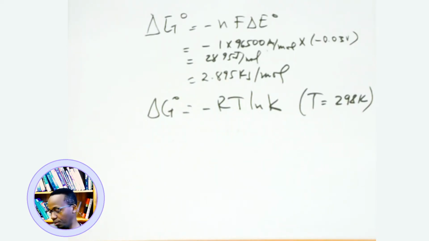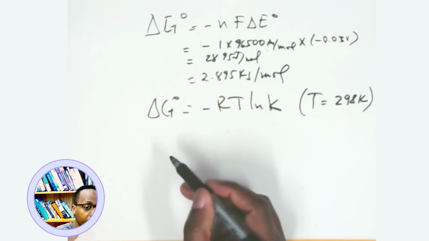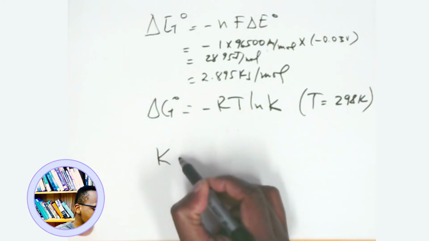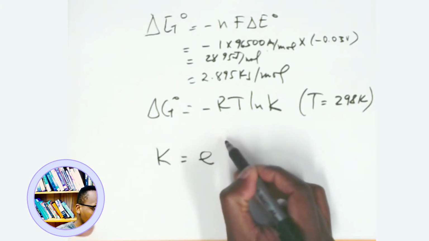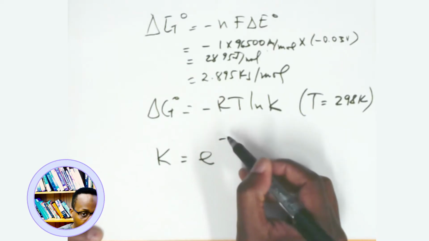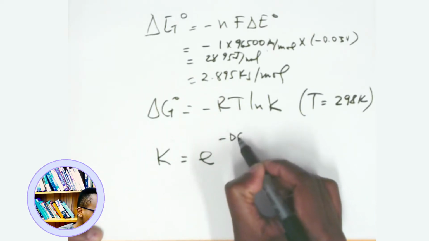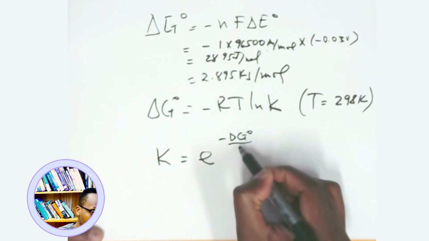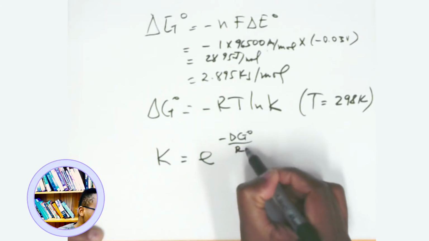You can solve for it manually, but I'm going to give you a quick formula you can use, where K is equal to e to the negative delta G naught over RT.